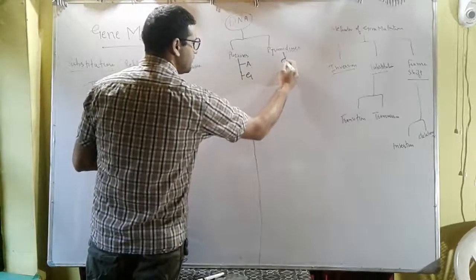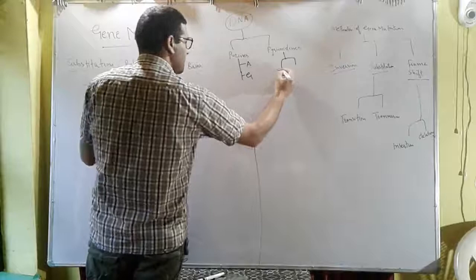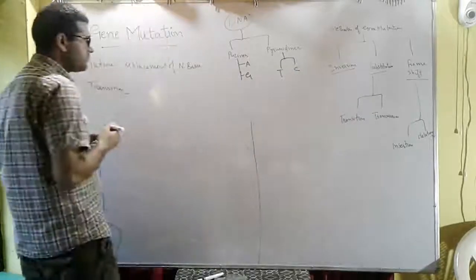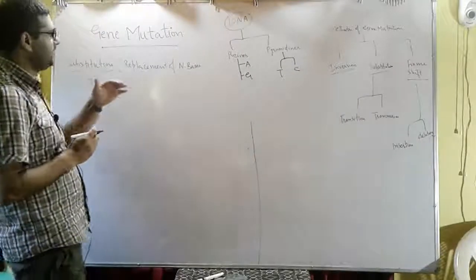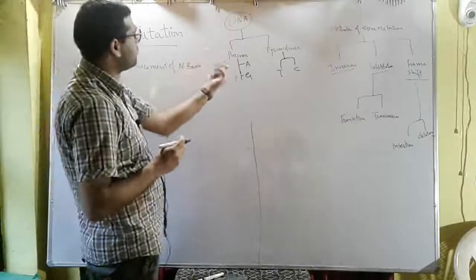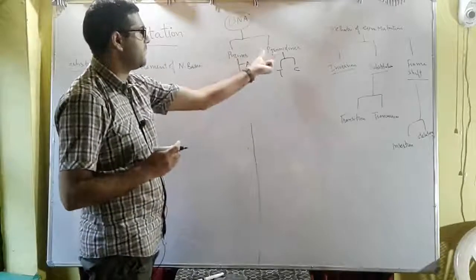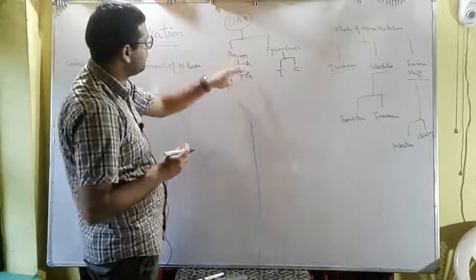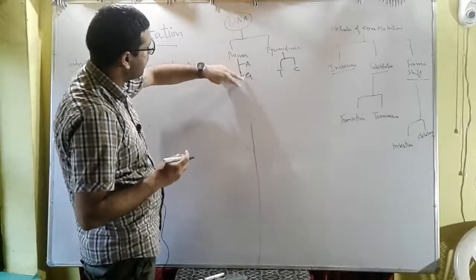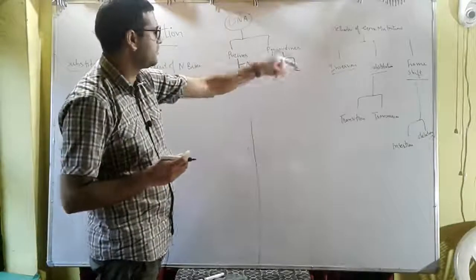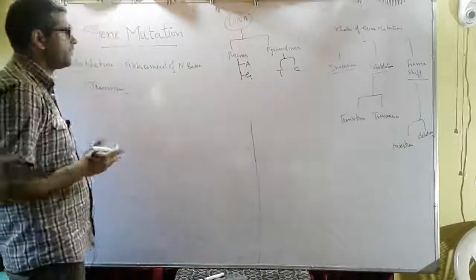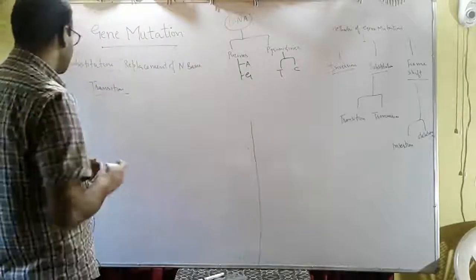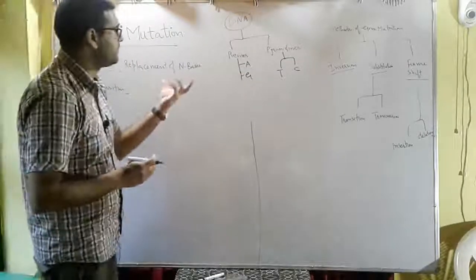Pyrimidines are thymine and cytosine. So together we have four types of nitrogen bases: adenine, guanine, thymine and cytosine. So there is a replacement of these nitrogenous bases.